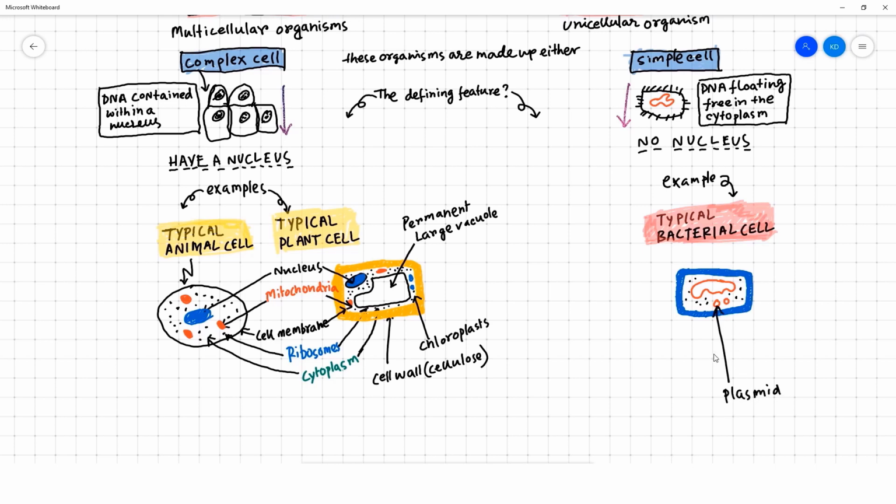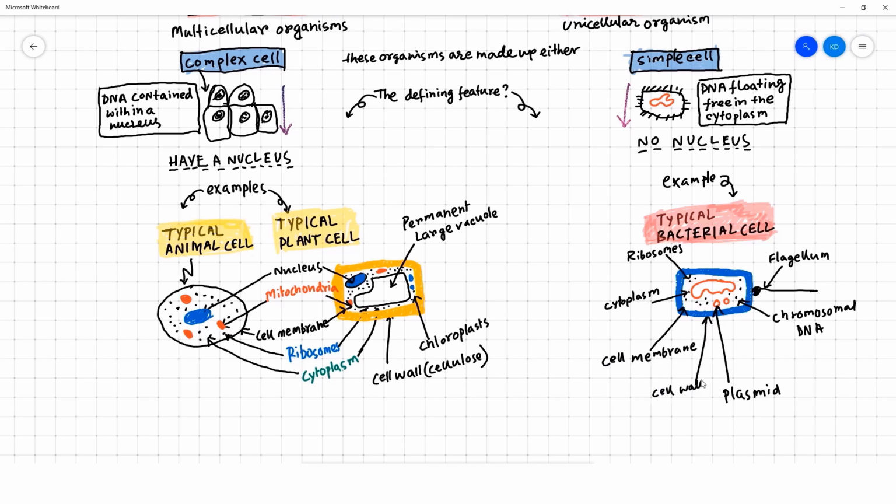This is a plasmid and chromosomal DNA, and here some flagellum and ribosome. Here cytoplasm, here cell membrane. Okay, the cell membrane and the cell wall.